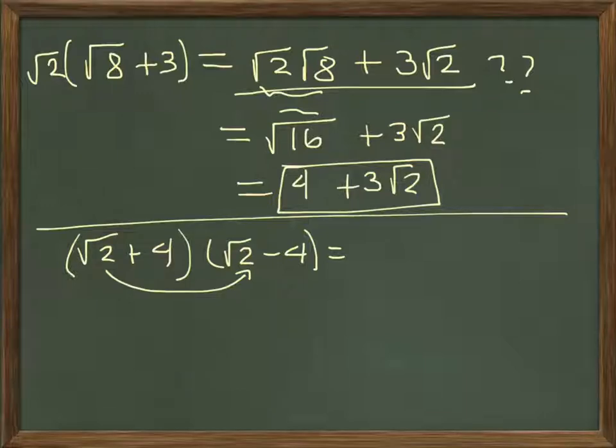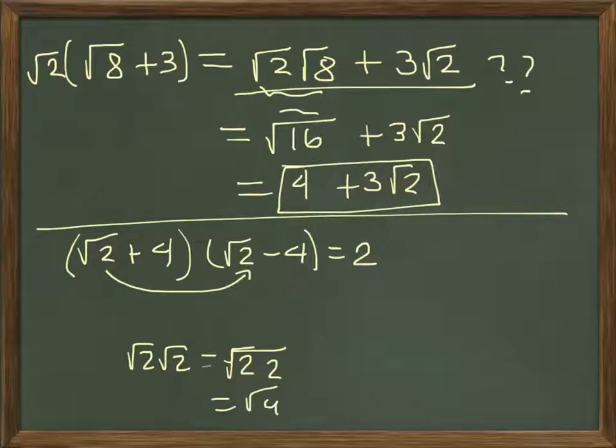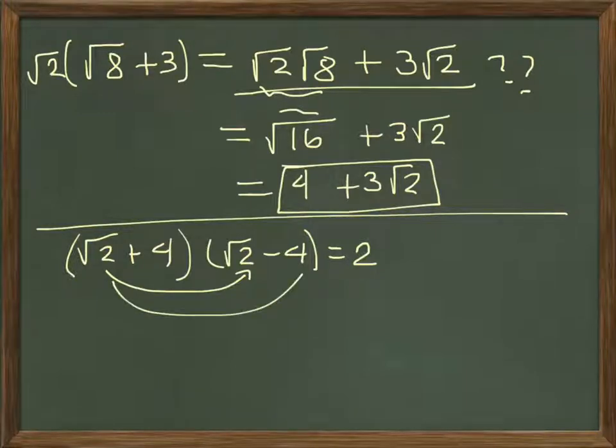It's root 2 squared, so that's just a 2. You can see that also if you write root 2 as the root of 4, right? You put inside the 2 times a 2. So that's the root of 4, which is of course a 2. So there are many ways to explain why this is 2, but root 2 squared is 2. Okay, then I'm going to do the root 2 times the negative 4. That becomes negative 4 root 2.